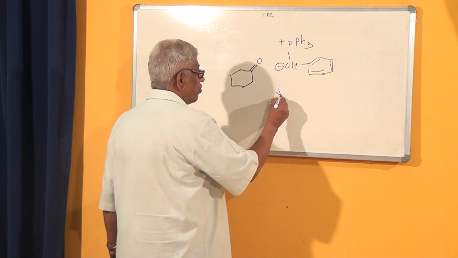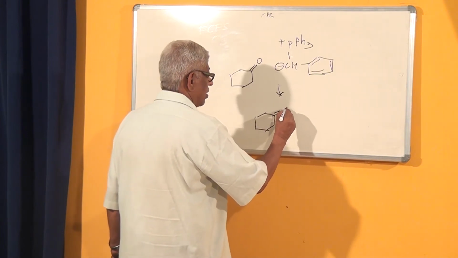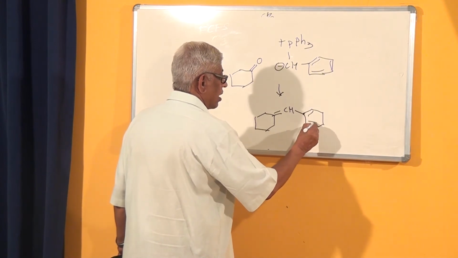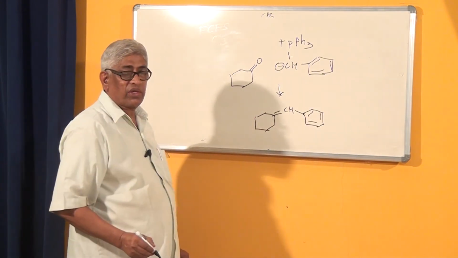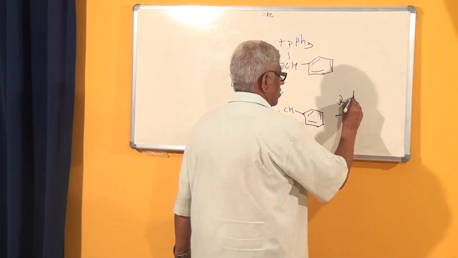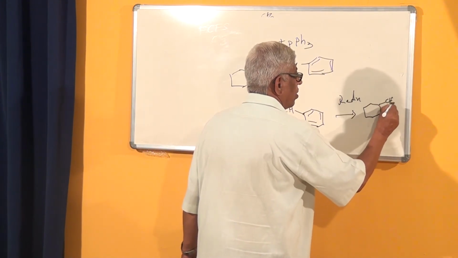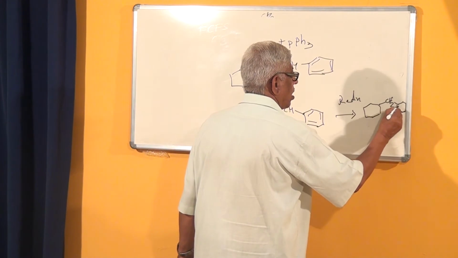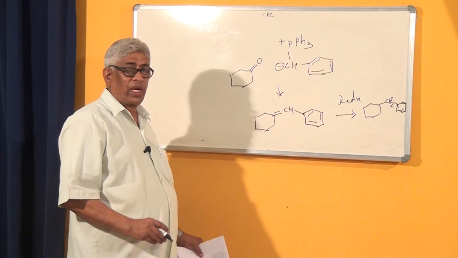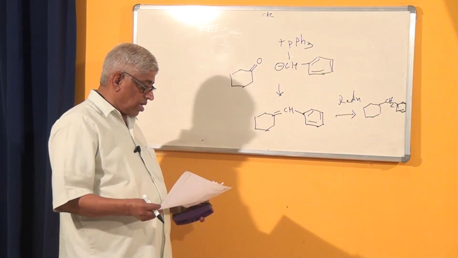Just as the Wittig reaction gives an olefin having a double bond, the reduction of the double bond will give you benzyl cyclohexane. These are very important reactions, and we also have a number of other such derivatives.